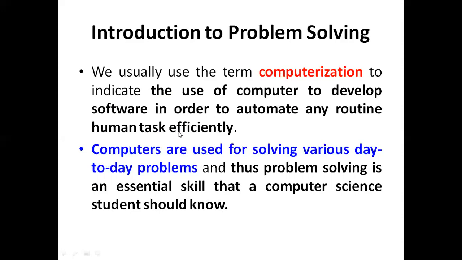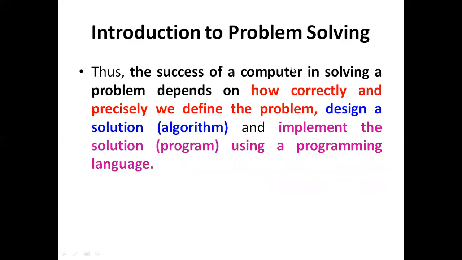Here is the general definition of problem solving. The success of a computer in solving a problem depends on how correctly and precisely we define the problem, and design a solution.